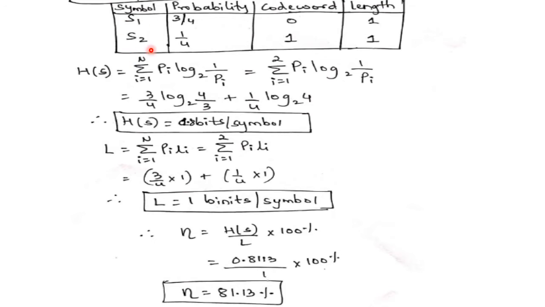We have two symbols, therefore n value is 2. Therefore the entropy formula is summation i equals 1 to 2 of probability log of 1 by probability to the base 2. Base 2 because it is a binary encoding algorithm.